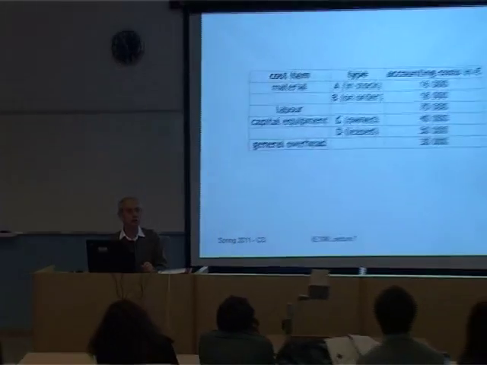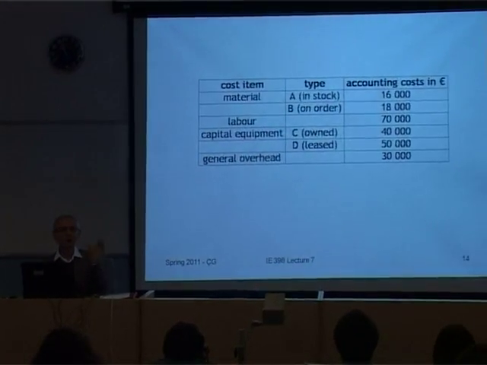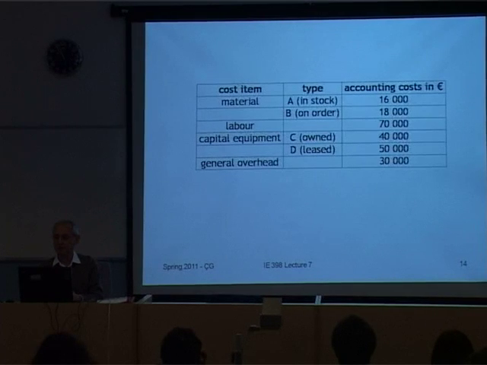Remember that we needed two raw materials, A and B. A is already in stock, and the accounting cost in euros for this material is recorded by the accountants as 16,000 euros. B is on order, and when it is delivered, LOD will have to pay 18,000 euros for the second raw material.